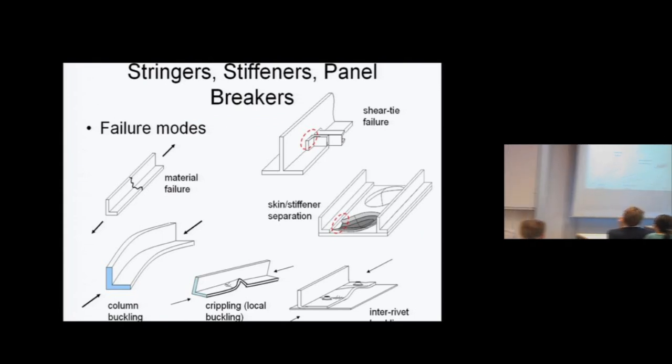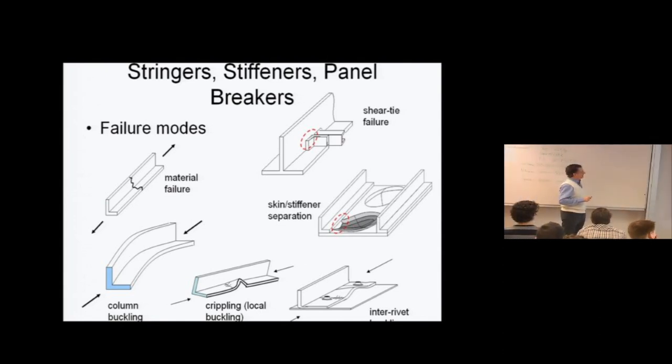In more detail, for one-dimensional structure used in aerospace, you have the material failure, which breaks the structure. You have the column buckling, where basically the entire stiffener buckles as a column shown here. You have a very localized local buckling, which is called crippling.